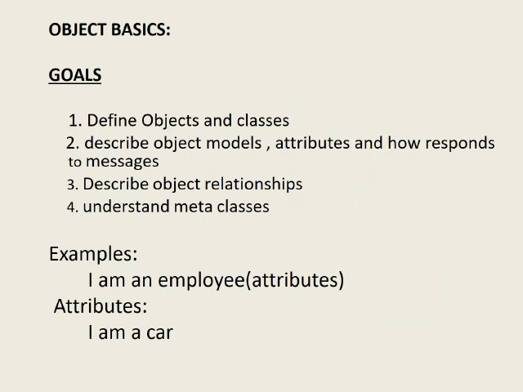Next topic, object basics. There are main goals in object basics. The first goal: how to define classes and objects. Objects are instances of the class, and a class is a group of objects. Describe object methods: how to consider the object, that is, its attributes and methods, and how an object responds to a message.